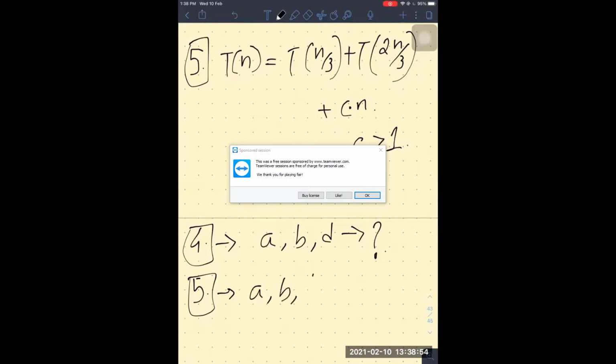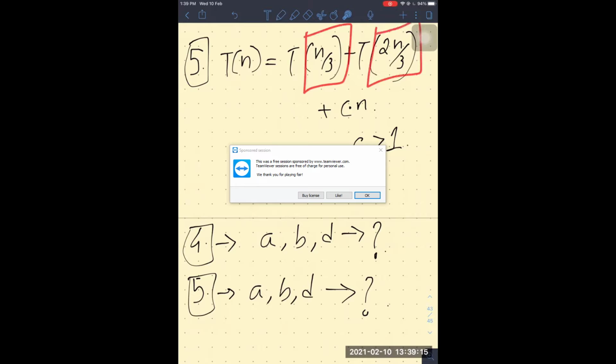We are getting 2a in number 5, right? The value is the same, but it is two different terms, correct? Yeah, you cannot apply the Master theorem in number 5 either, because you have multiple functions of n here.